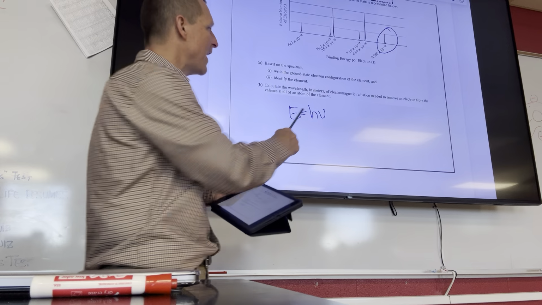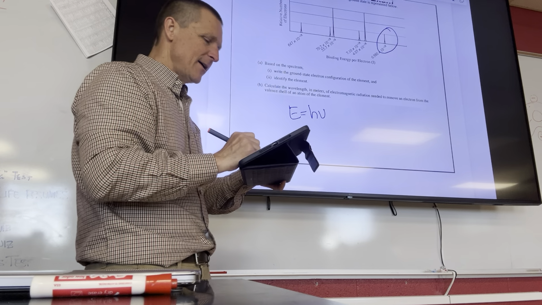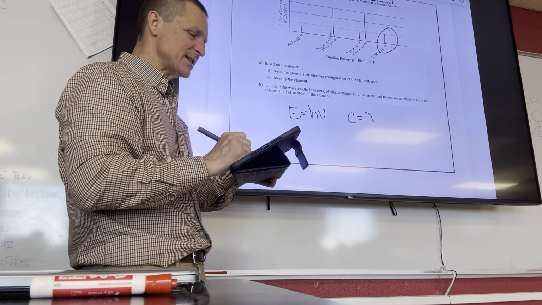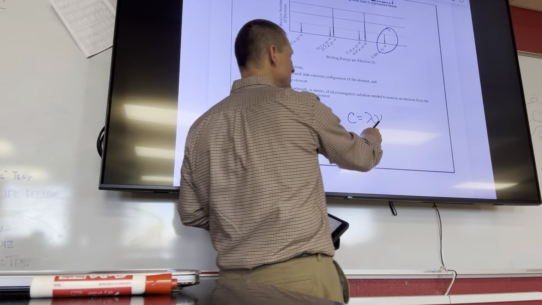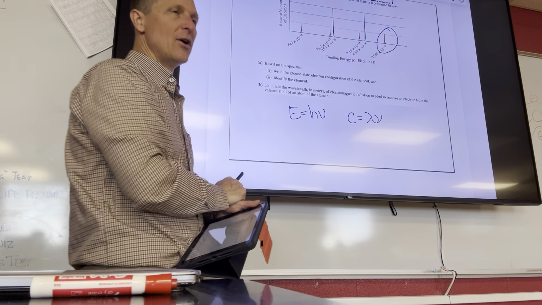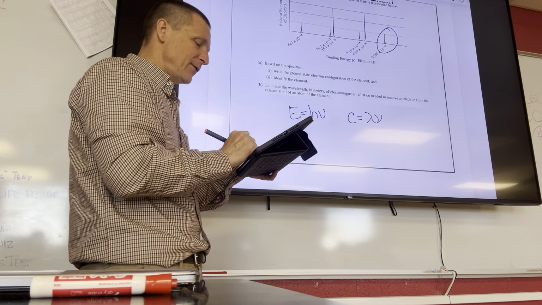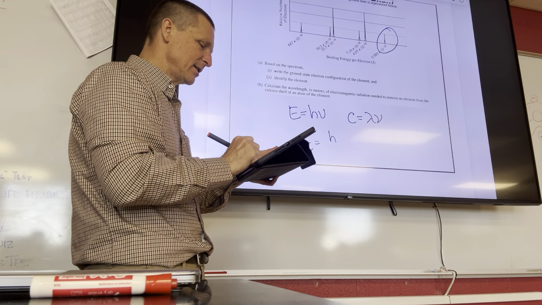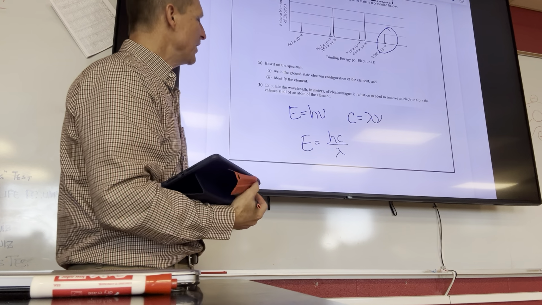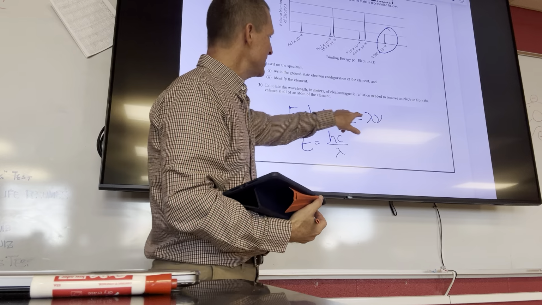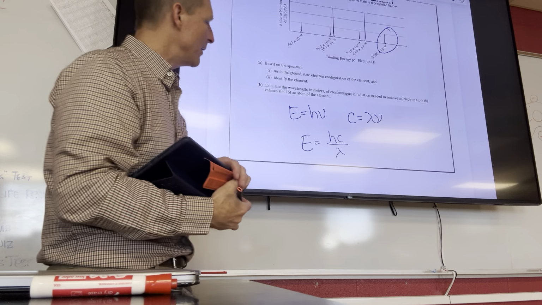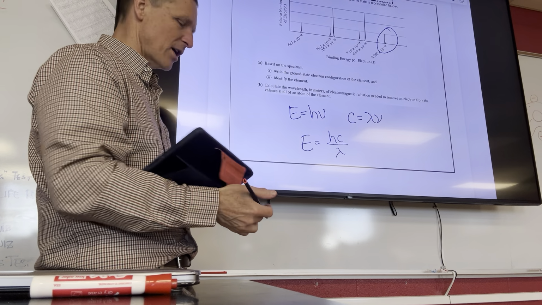So you can find the frequency of that light, and c equals lambda times nu. So if you know the frequency, you can find the wavelength. Or you can just combine these two, and if you remember doing this in chapter 7, energy equals h times c over lambda, and then we would just solve for the wavelength.